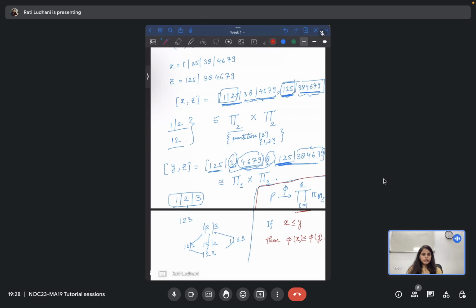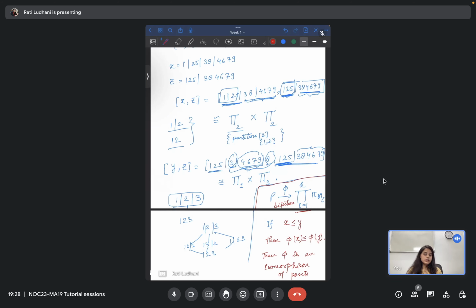This should happen. So that is your isomorphism. So if this is a bijection, then phi is an isomorphism between posets. Okay, isomorphism of posets. So that is your definition.